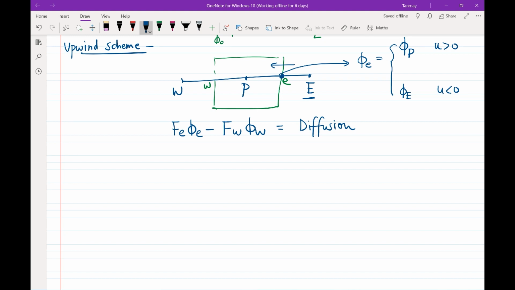So we have to decide what the upstream point is. And to put this in, we have this function that says that if u is greater than 0, we have a certain value, and if u is less than 0, we have another value.